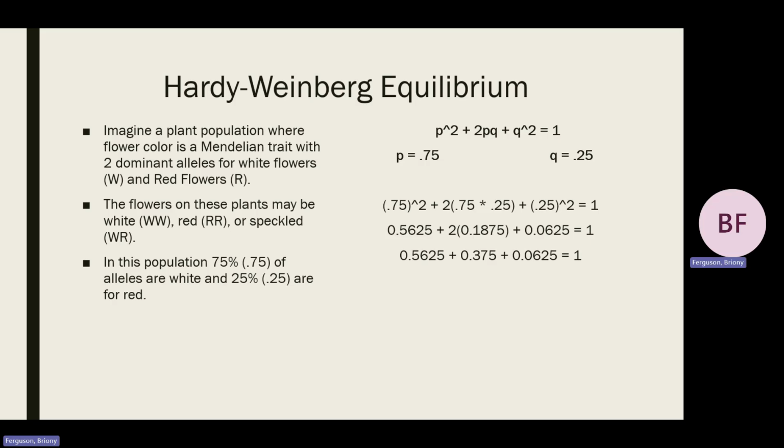There are other instances where you are only going to be given the genotypic frequencies. So you might be given 2pq or q squared or p squared. In that instance, all you really have to do is take the number that you're being given. Let's say you're given p squared.